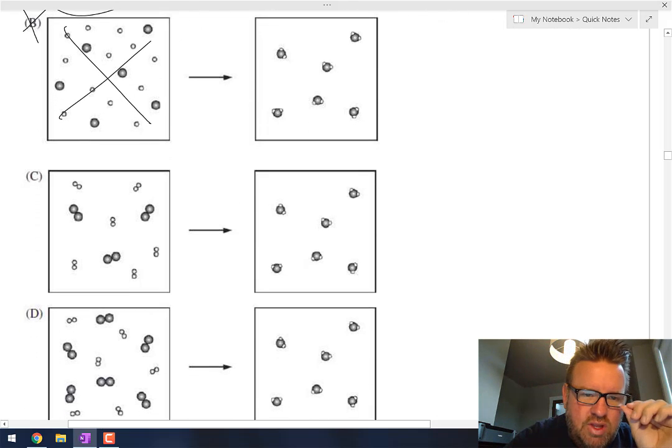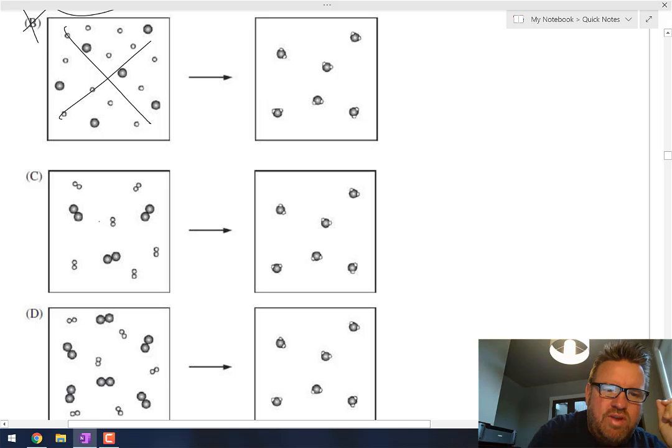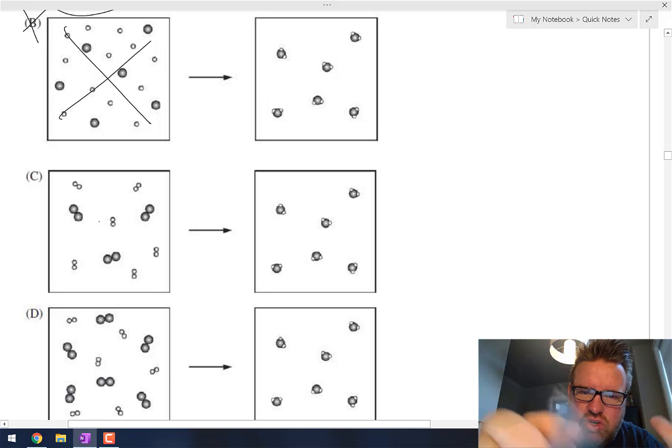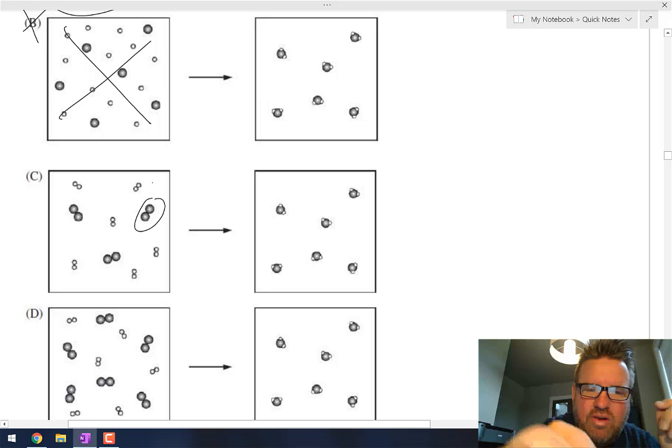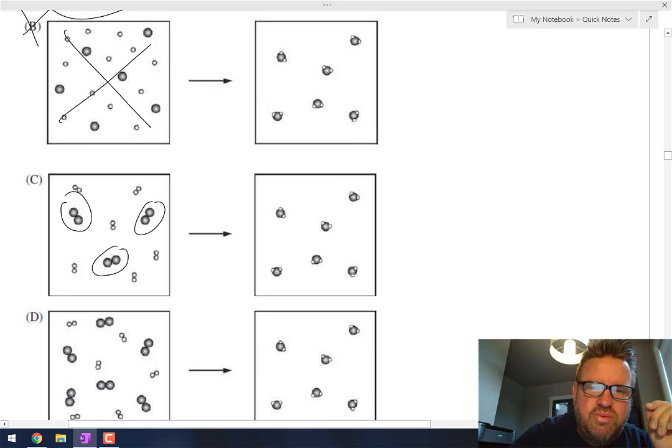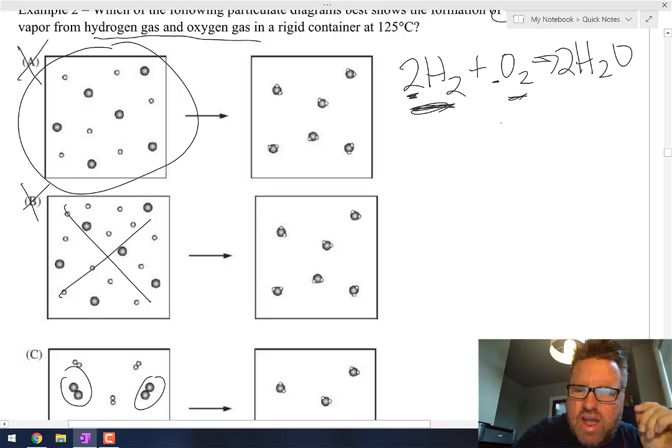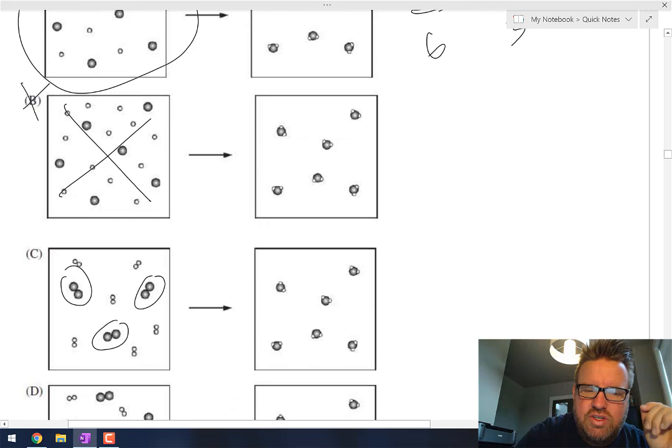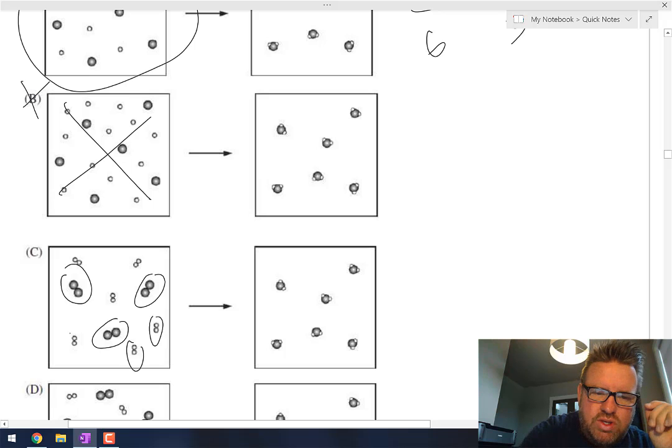Looking at letter C, and looking at sizes, you should be able to tell oxygen is definitely bigger than hydrogen. I see 1, 2, 3 oxygens. If I have 3 oxygens, then I need to have 6 hydrogens. And it looks like 1, 2, 3, 4, 5, 6.